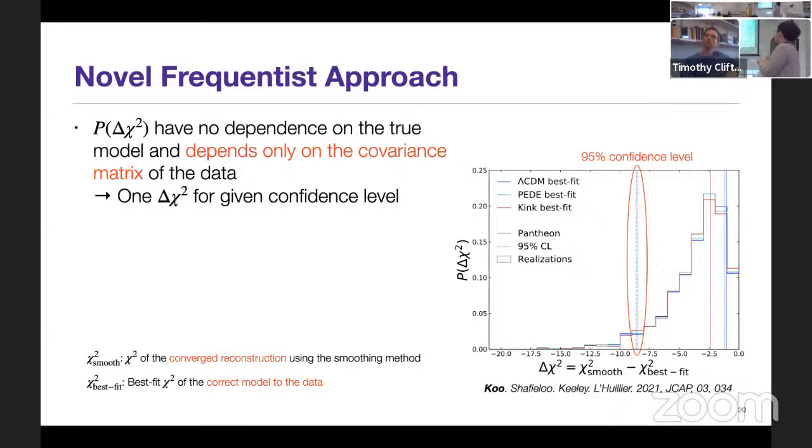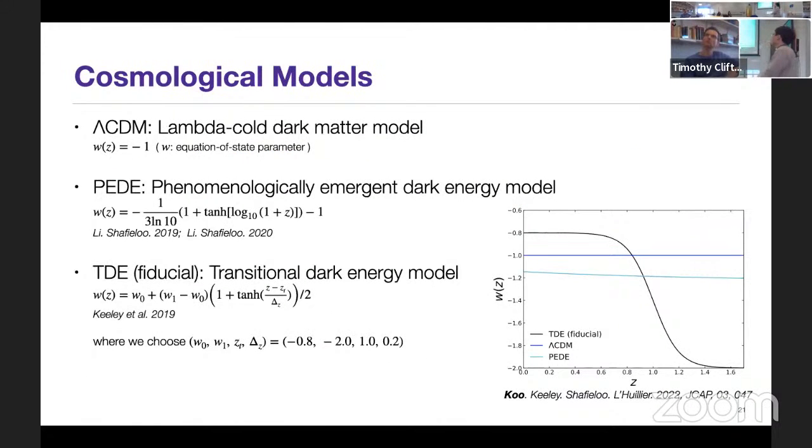I'll show you one example of how this method works. For doing that, I'm going to assume another cosmological model. So I'm using the Lambda CDM model again, but this time I'm going to choose another model as the fiducial model.